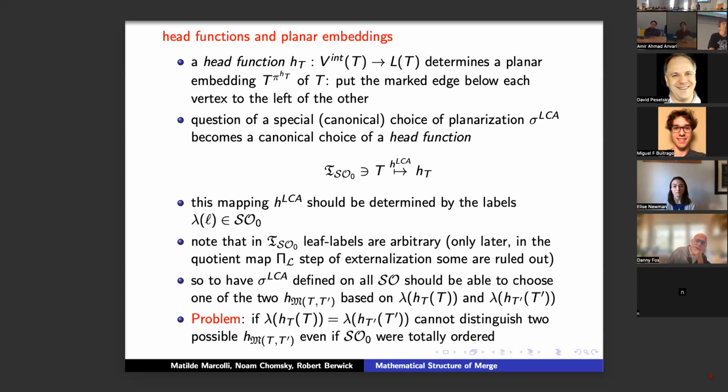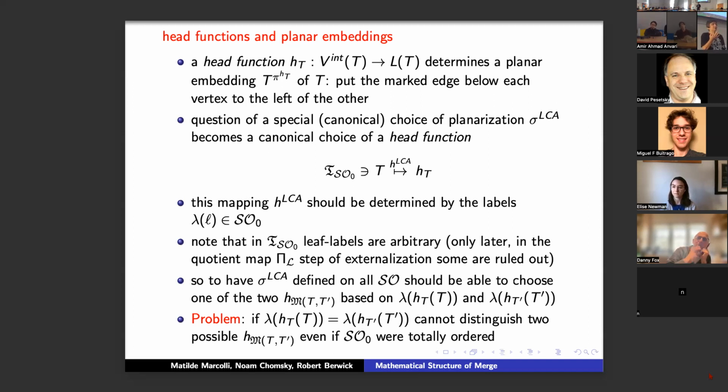And now the question is, can I assign a head function to these syntactic objects on the basis that takes into account which lexical items I have attached to the leaves of that syntactic object? Okay. And so the point here becomes that you cannot do that in a way that will allow you to planarize all the syntactic objects.